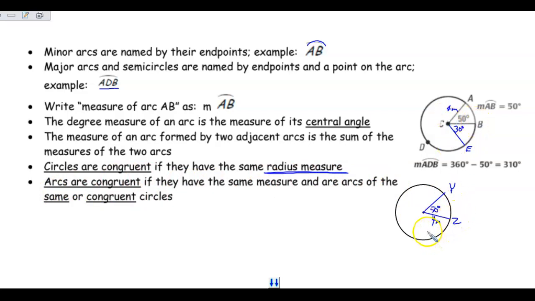And there are a couple other ways that we're going to see later. So if the circles are congruent and they have an arc that has the same measurement, then the arcs are going to be congruent. Okay?